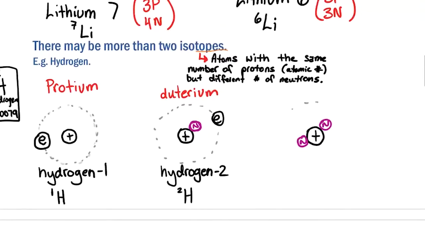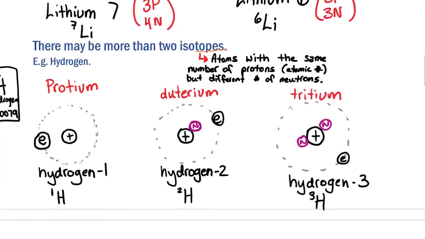And it still has just 1 shell, and it still has just one electron orbiting around it. And we would call this hydrogen 3. That should be an N. And we would write it like that. This is a fancy name too, though again, you don't need to worry about this, called tritium.